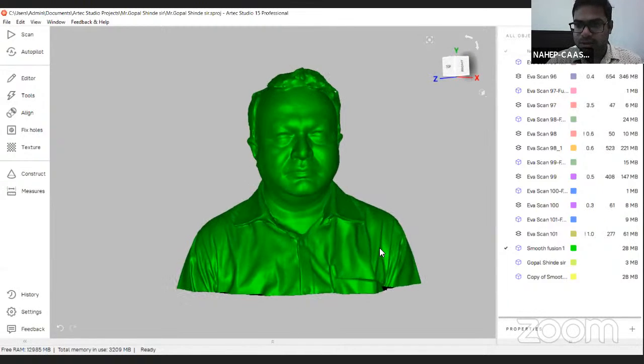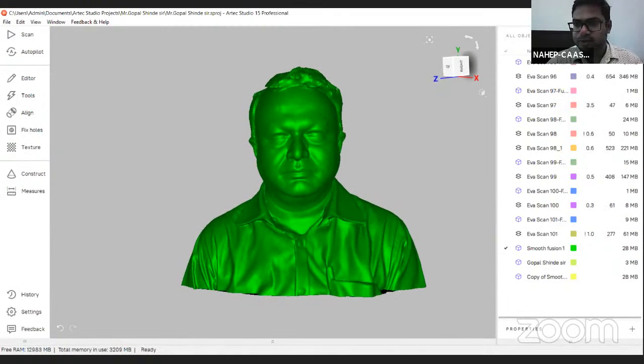These are the frames we have taken for this session. We scanned five to six times for this model, and generated it.